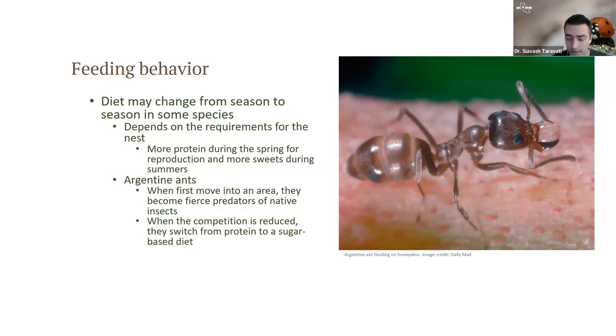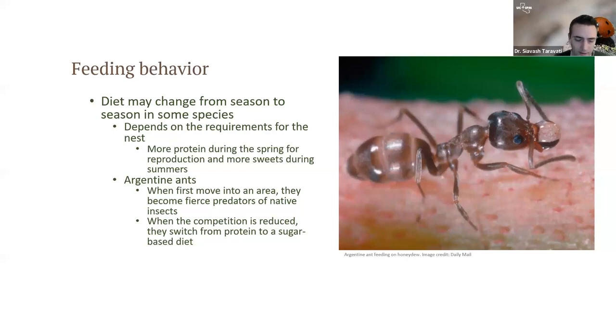In some species, the change is very drastic, like they reject the other type of food. In the springtime, some ants really don't show much interest in sweet stuff, and in the summertime, the opposite. In some other species, it's not that drastic, but it still happens. Even Argentine ants have this seasonal thing.